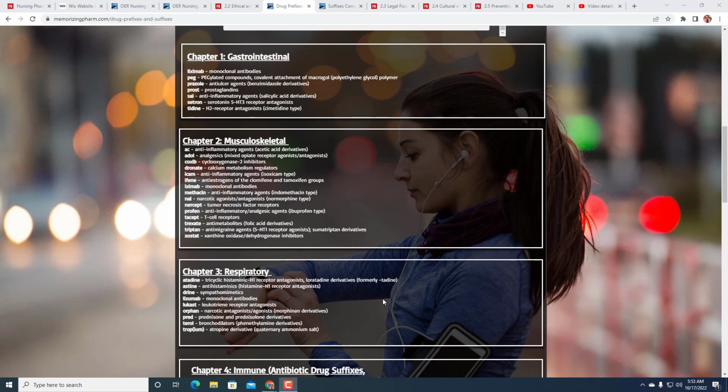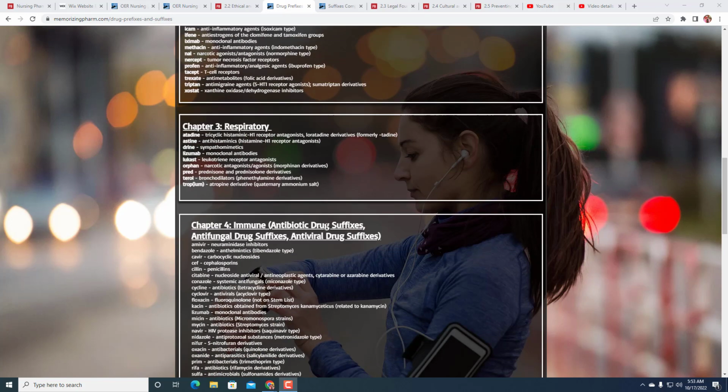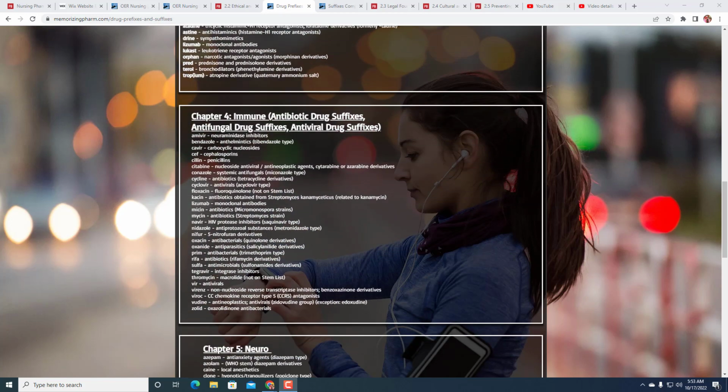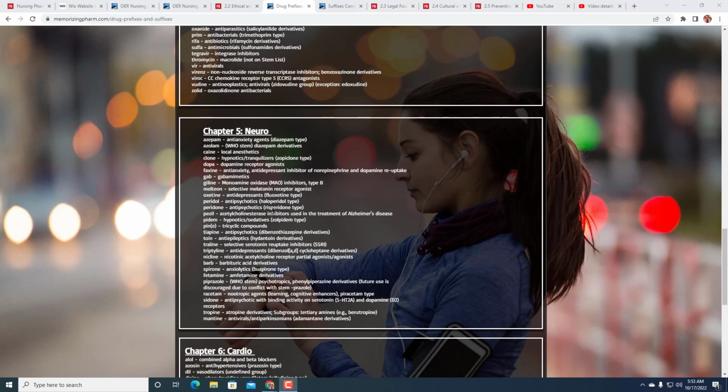And these are the suffixes from Memorizing Pharmacology, the first edition, just 200 medications. For example, we can look in here and we can see that Prazole is an anti-ulcer agent. But when we go to immune, there's aconazole, that is a systemic antifungal. And in neuro, we see piprazole, which is a psychotropic.